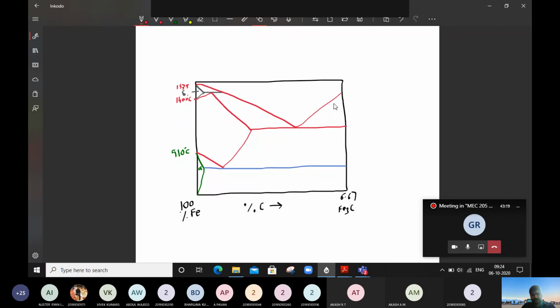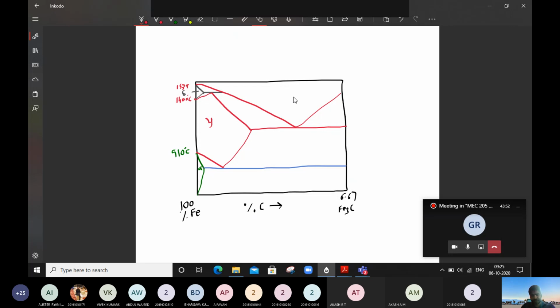Now how to label the phases? We know that up to 910 degrees Celsius we have alpha. From 910 degrees Celsius to 1400 degrees Celsius we have gamma. Also we know from 1400 degrees Celsius to 1539 we have delta. And above this is the liquidus line. So what will be the phase in this region?